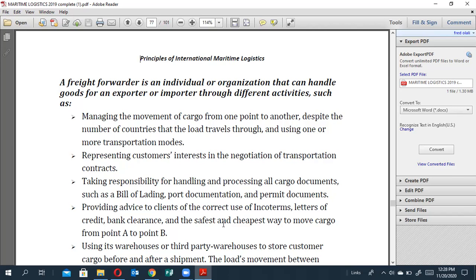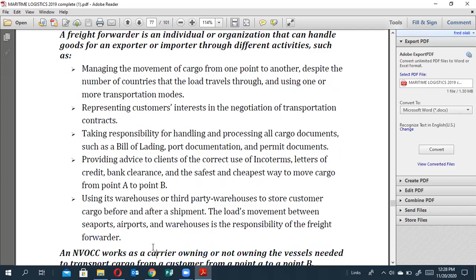Representing the customer, they act as representatives in the negotiation of transportation contracts. They take responsibility for handling and processing all cargo documents, such as the BL and port documents. They advise clients on the correct use of Incoterms, letters of credit, and bank clearance. Also, they use their own warehouses or third-party warehouses to store customers' cargoes before and after the shipment.